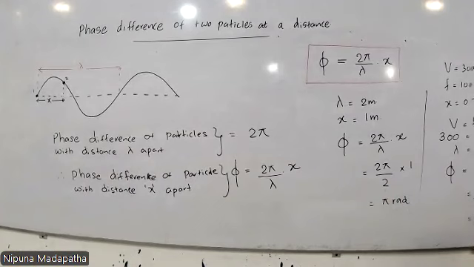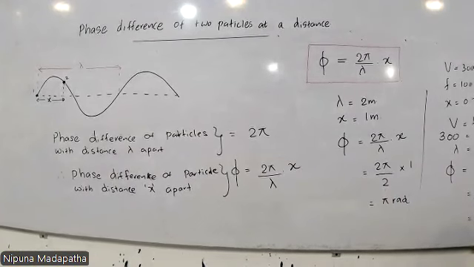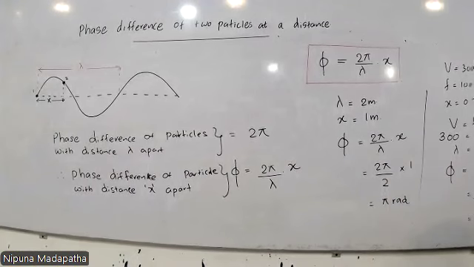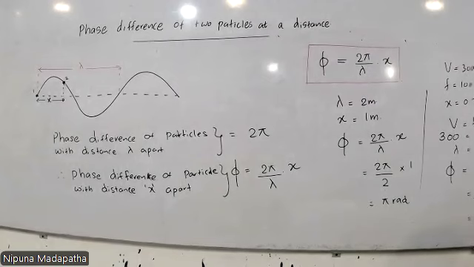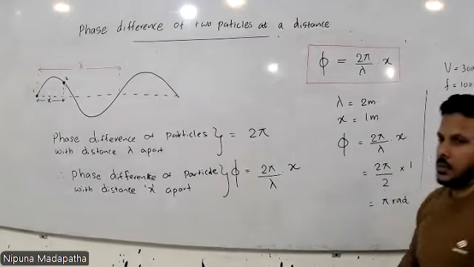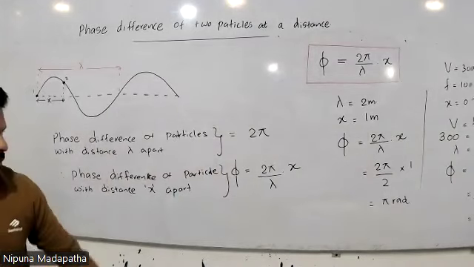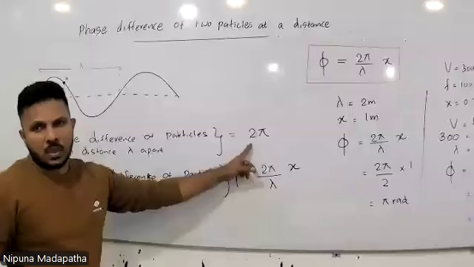The phase difference of two particles which are at a distance equal to the wavelength apart is 2π radians.